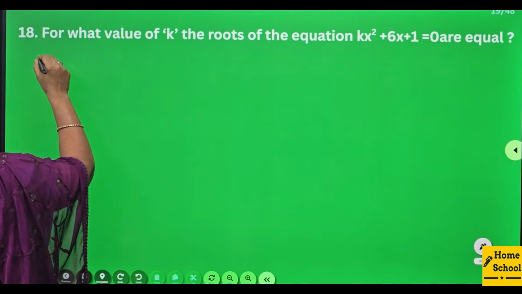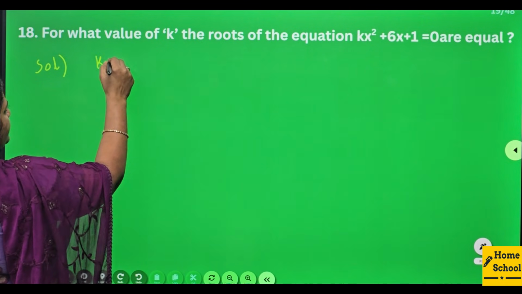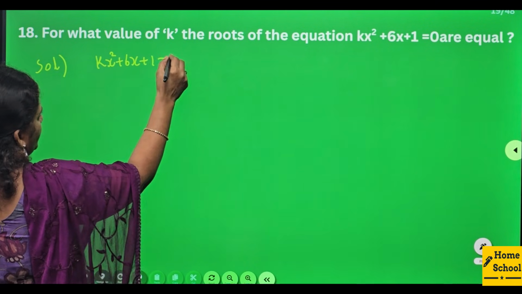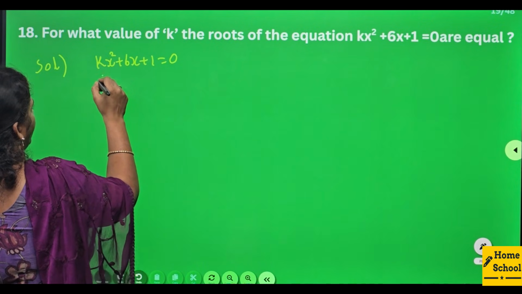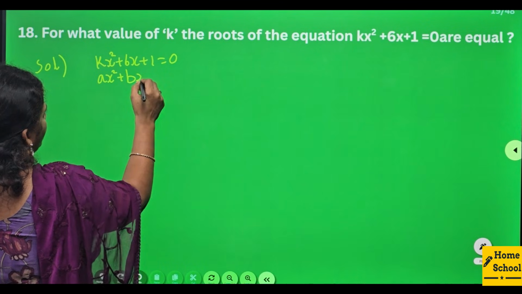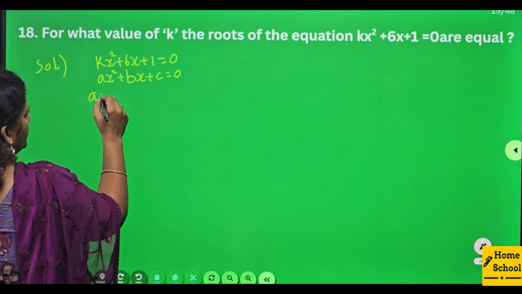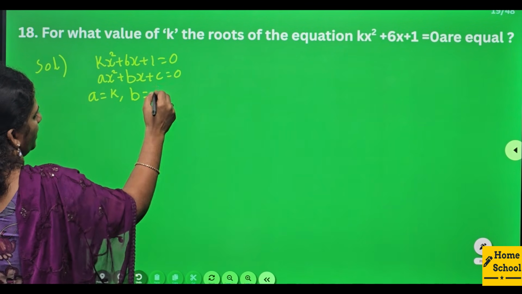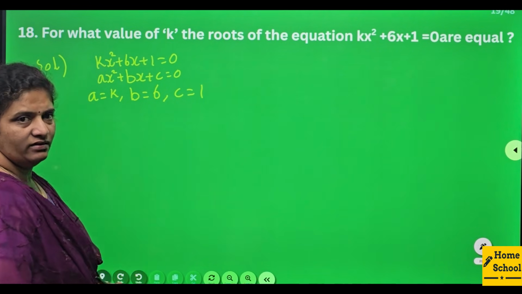First, we are going to write the given quadratic equation kx square plus 6x plus 1 equal to 0, and compare with the standard form of the quadratic equation ax square plus bx plus c equal to 0. A is equal to k, comparing, b is equal to 6, c is equal to 1.